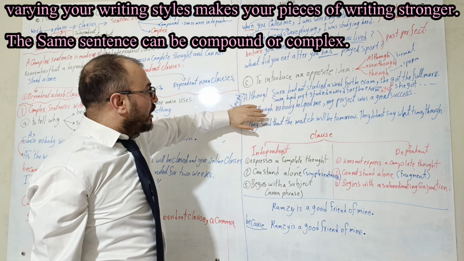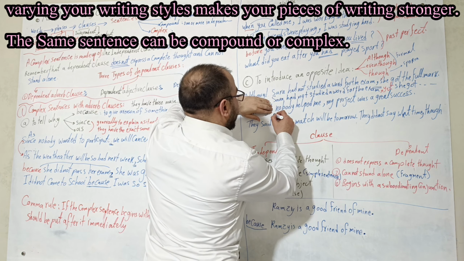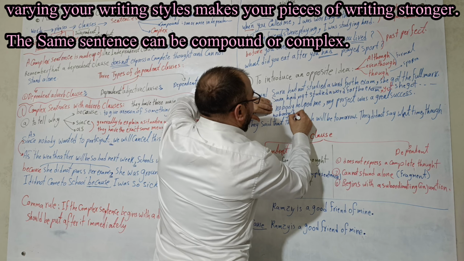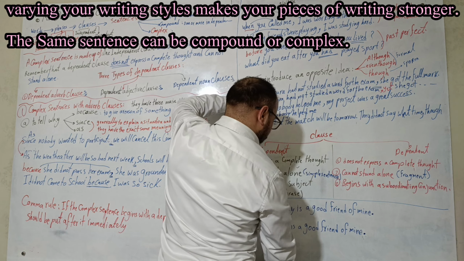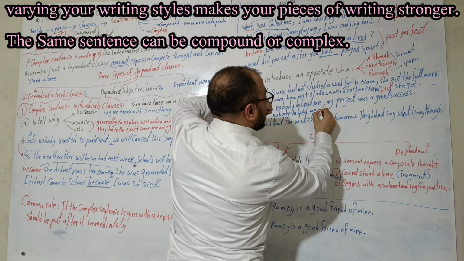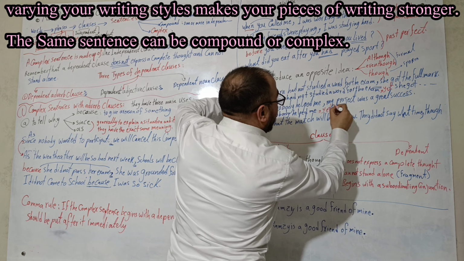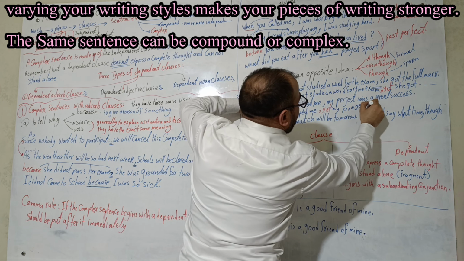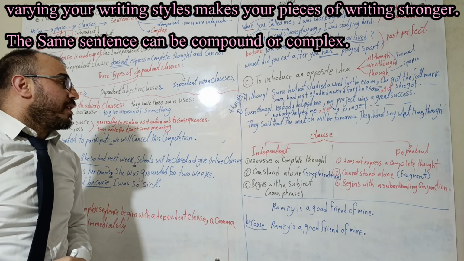Again, my friends, here I delete even though, and I say nobody helped me. Again, I can use yet. My project was a great success. I can carry on using the same words.